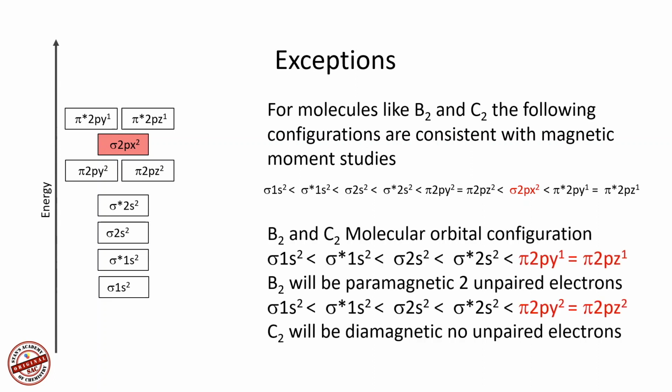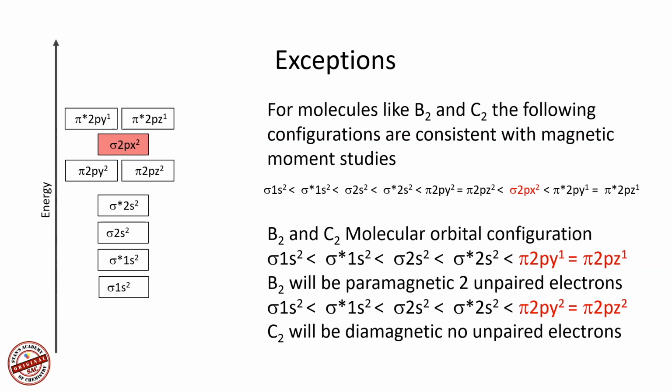Studying the magnetic behavior, we had seen that boron, atomic number 5, has a total of 10 electrons. If you distribute them into the molecular orbitals using the exceptional configuration represented here, it illustrates the presence of two unpaired electrons.